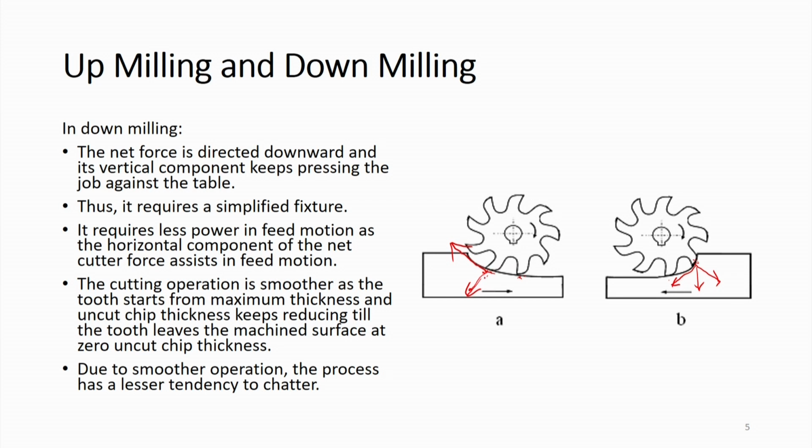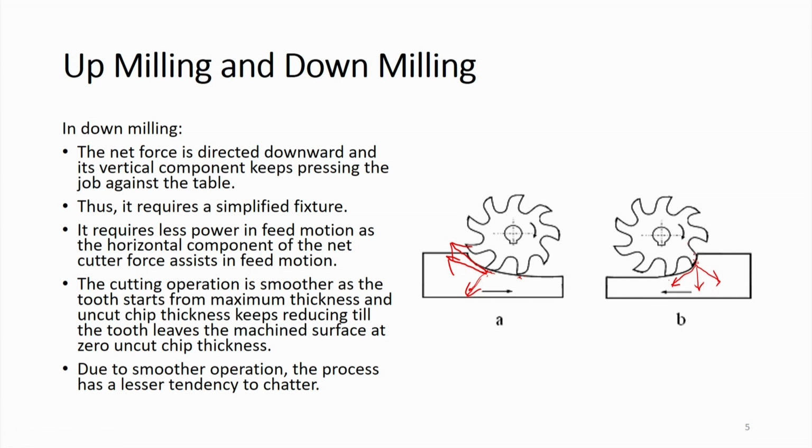There is more component in this direction, so the resultant is more inclined towards this. So, it has a tendency to lift the job up. That is why it requires a strong fixture here. So, down milling requires simplified fixtures. It requires less power in feed motion, as the horizontal component of the net cutting force assists in the feed motion.